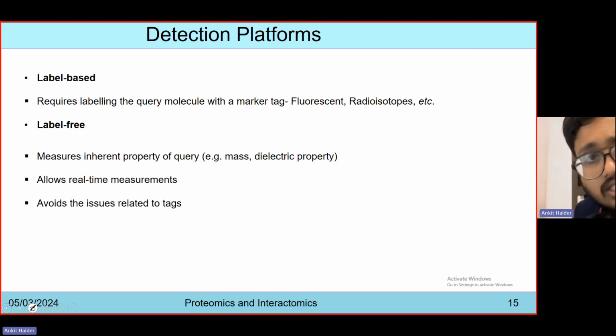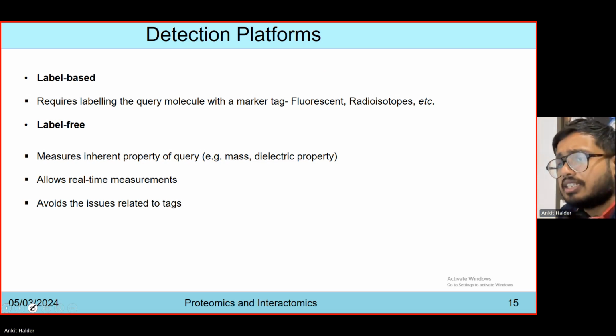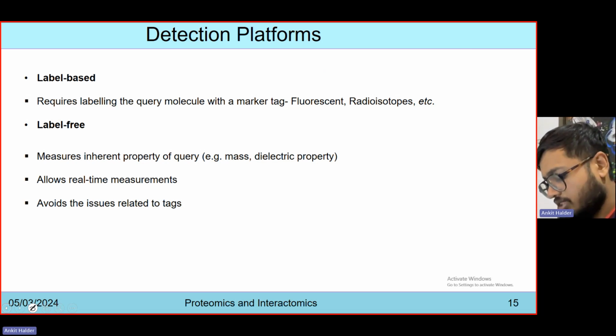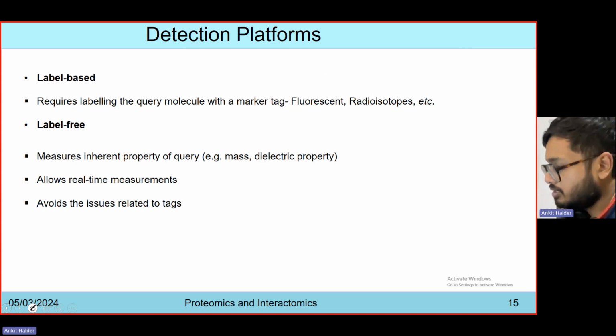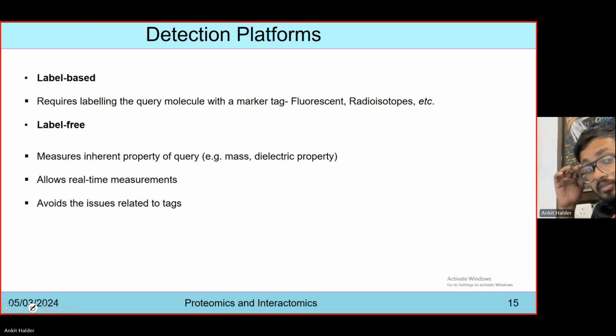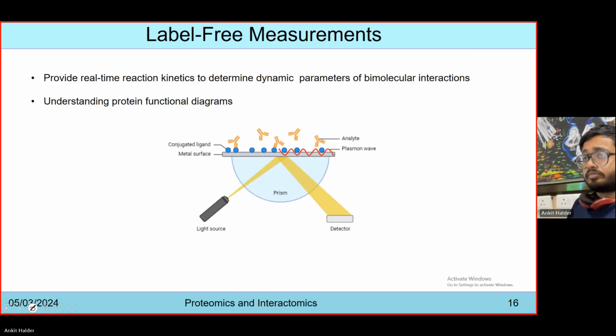So those issues are neglected. So one is the label-based and another is the label-free detection platforms.